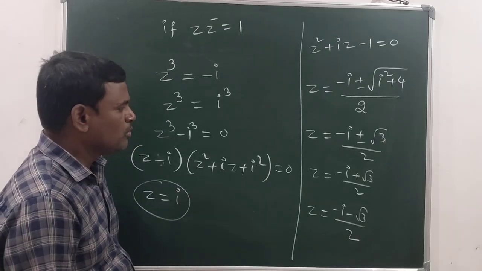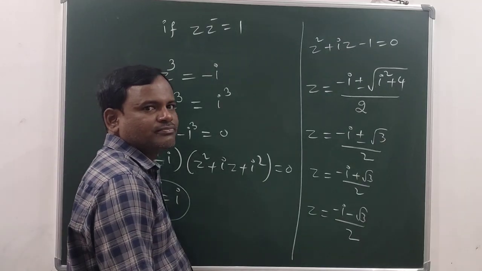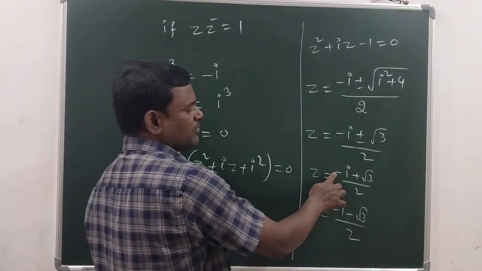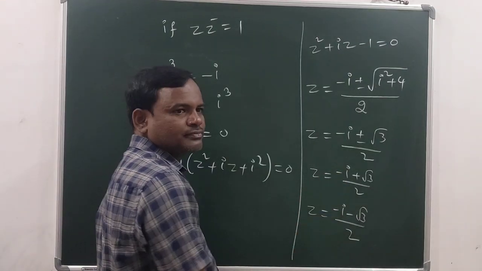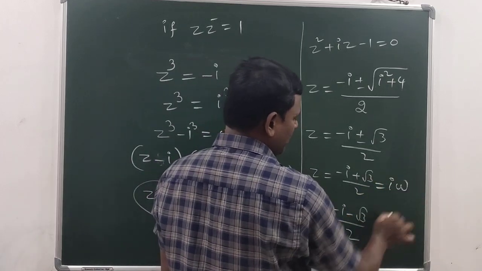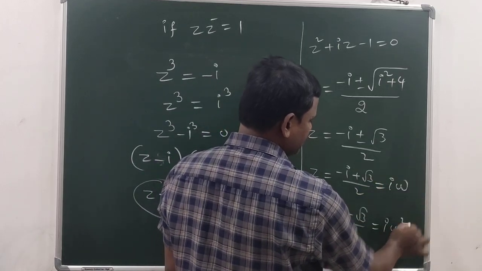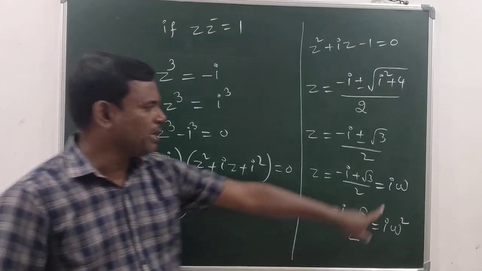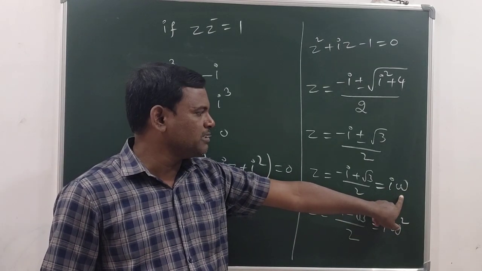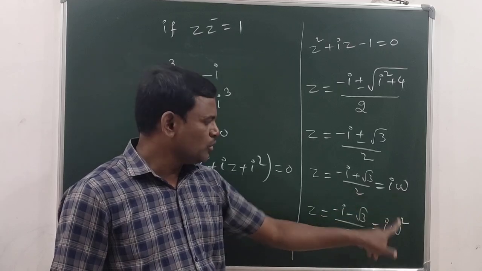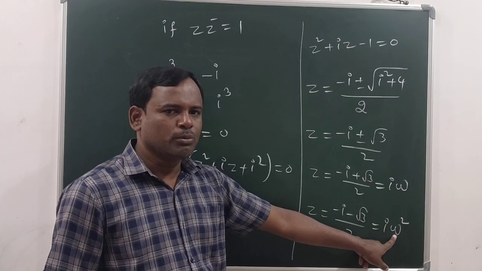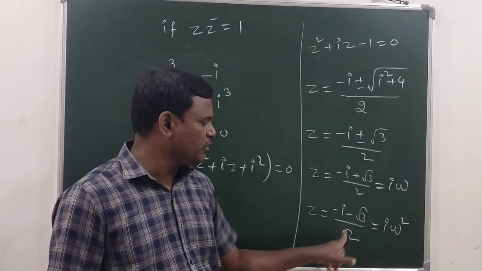Still, you can express these as i omega and i omega square. Omega is one of the cube roots of unity. If you multiply that one with i, you get this. Omega square is also one of the cube roots of unity. If you multiply that one with i, you get this.